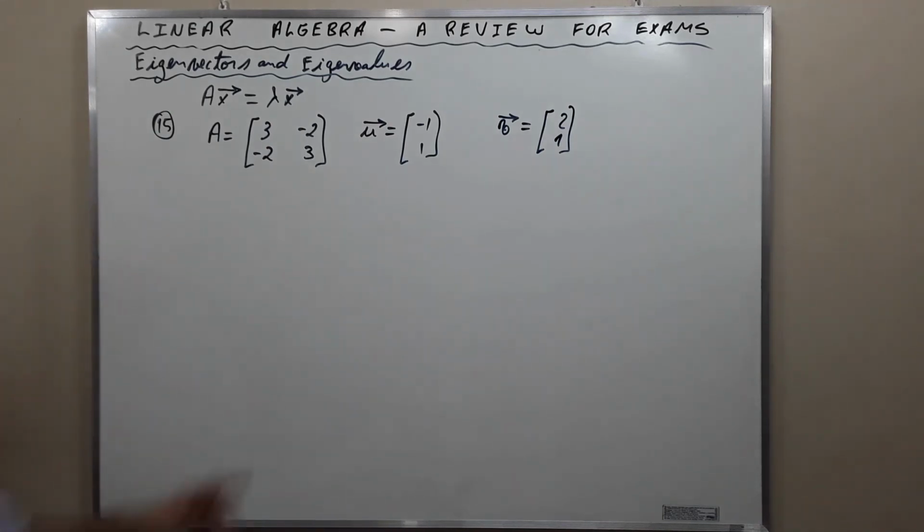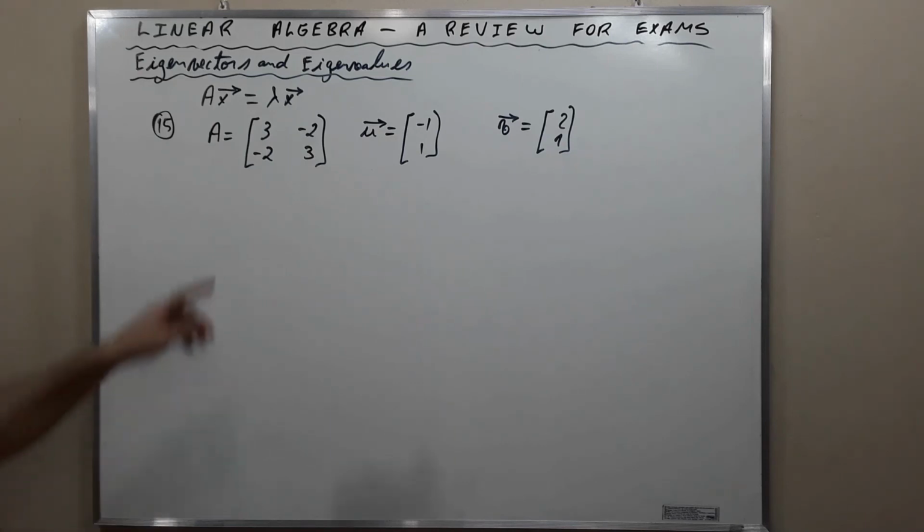Are U and V eigenvectors of A? This is question 15. Okay, so we are going to use this definition here to see if U or V or both are eigenvectors of A, okay?